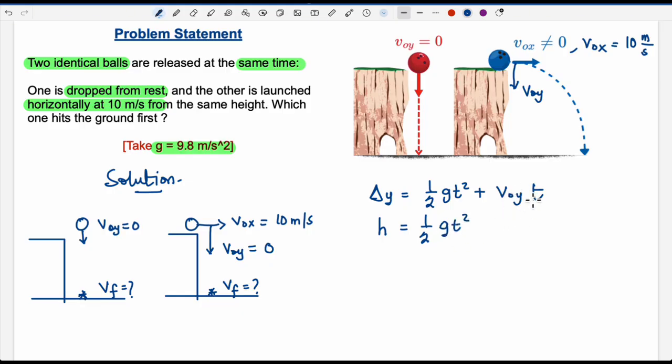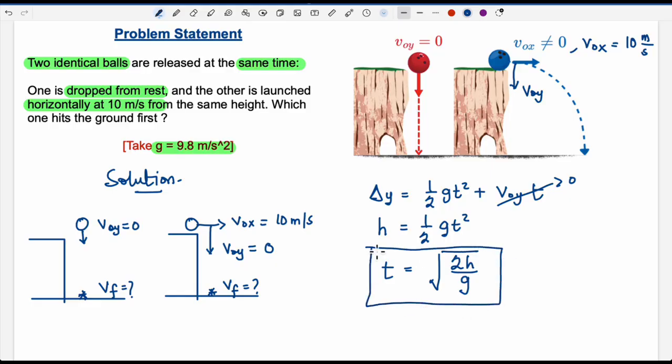Now our initial vertical speed is 0, so that takes this term all to 0. Now we can isolate the time. So the time is going to be time equals square root of 2 times the height divided by g. And this is the time it will take each of these balls to hit the ground.